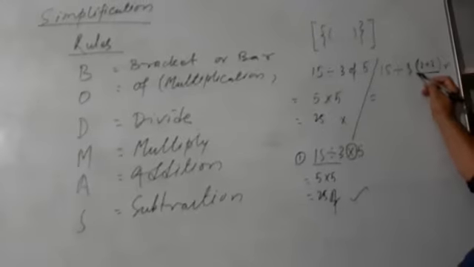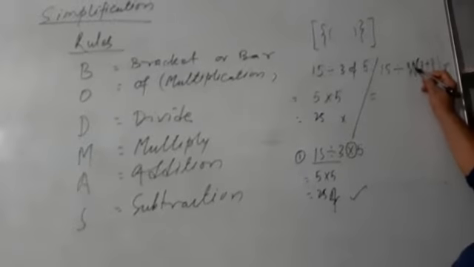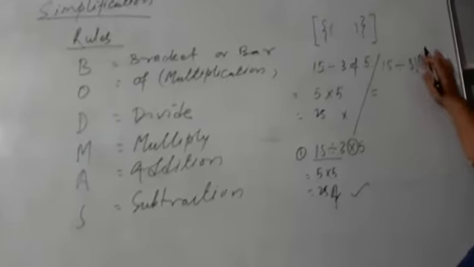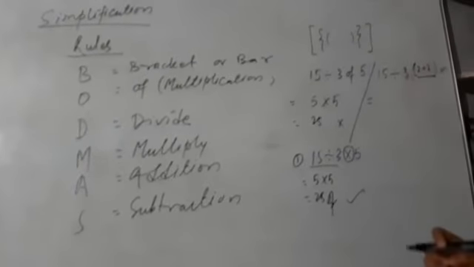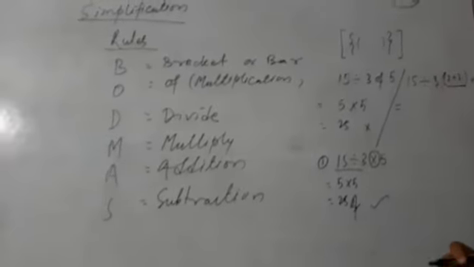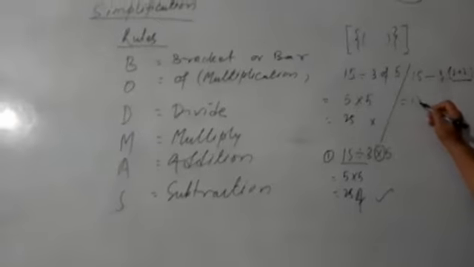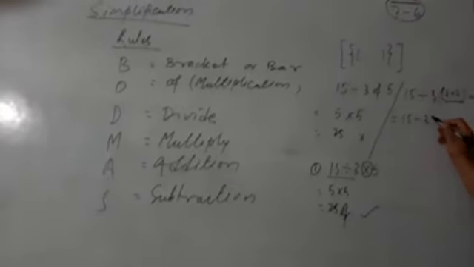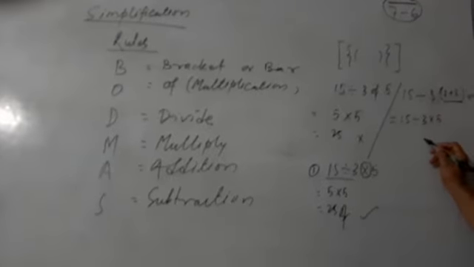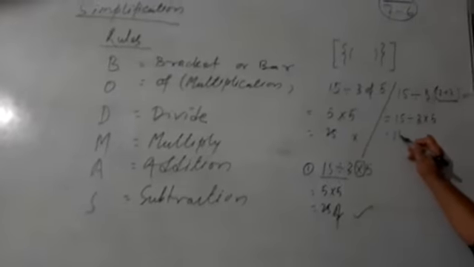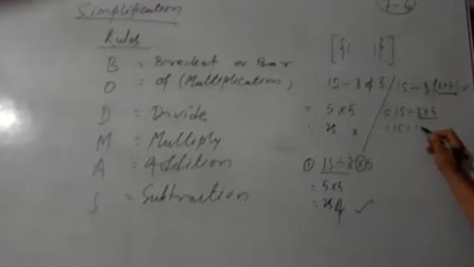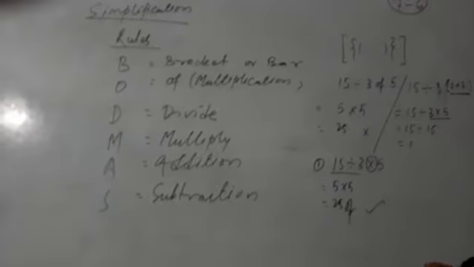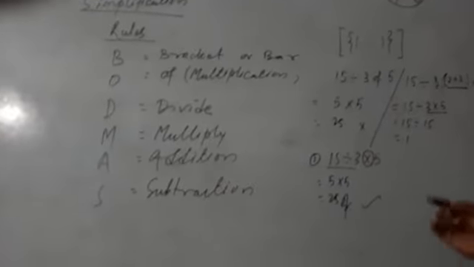In this bracket there is no sign, so we know that there is a hidden multiplication sign. You do it like this: 3 into 5 is 15, then 15 divided by 15 is equal to 1. So the answer is right.